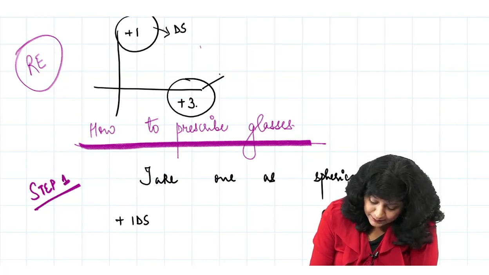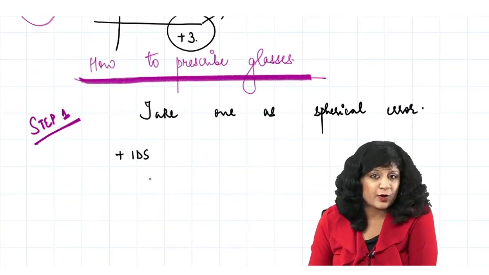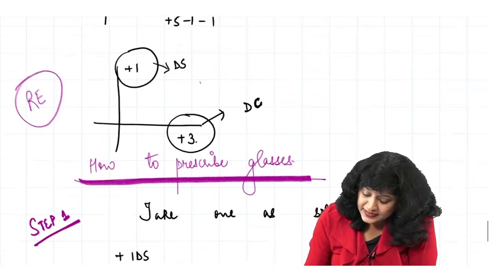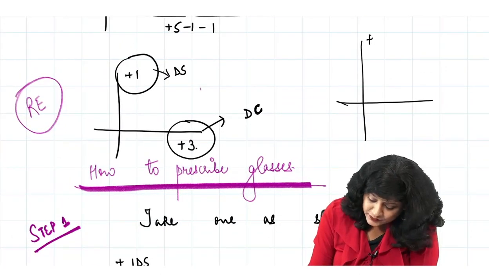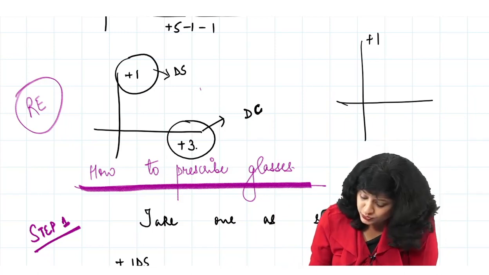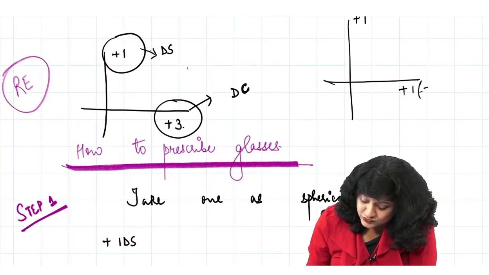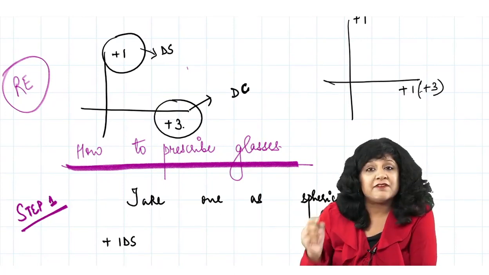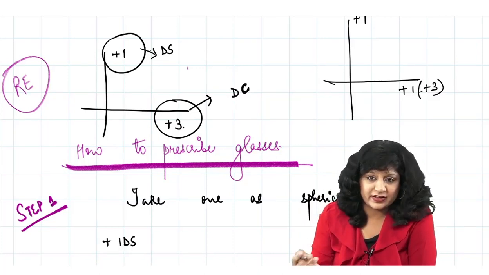The other will become the cylindrical error. So +1 I have given as diopter spherical. That means the moment you give +1 as diopter spherical, this +1 has started acting here also and here also. But actually here I have to give just +3. So I will have to subtract the spherical correction from the cylindrical correction.